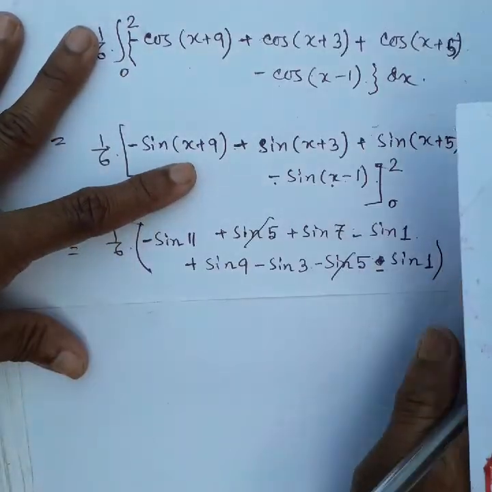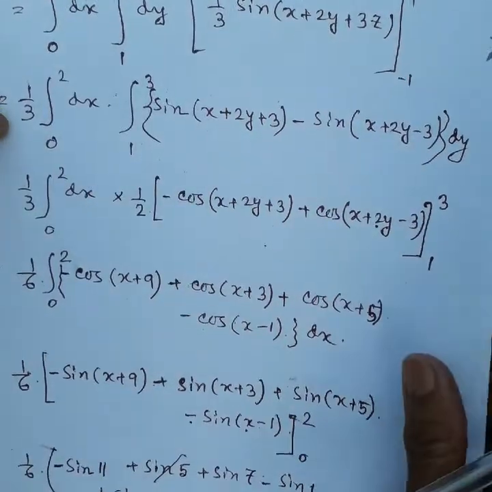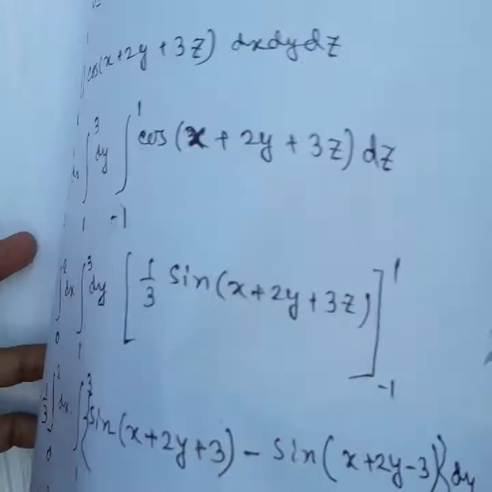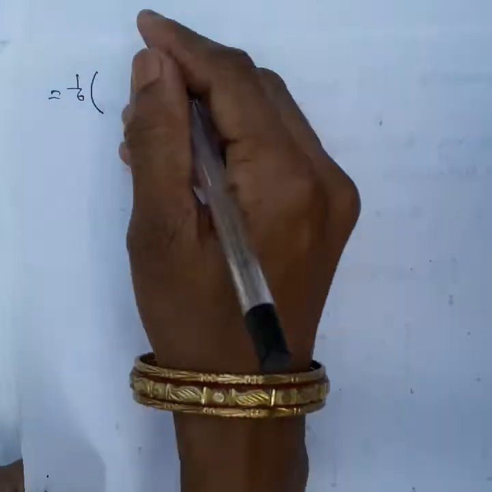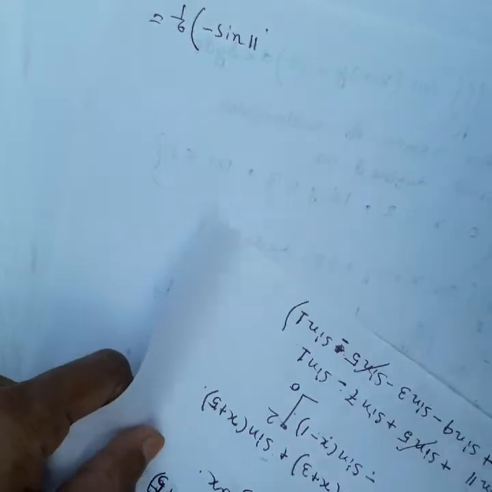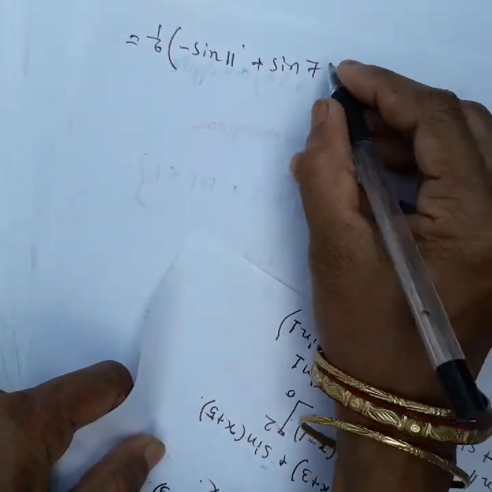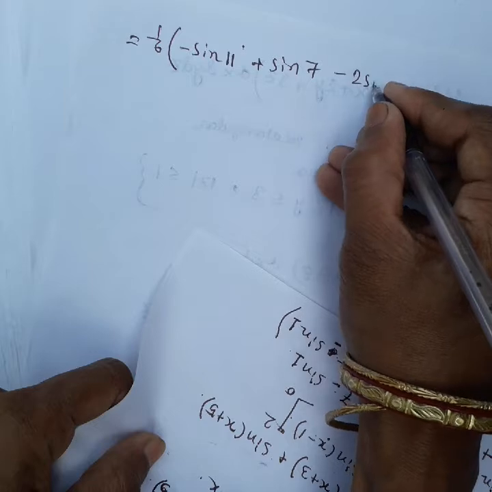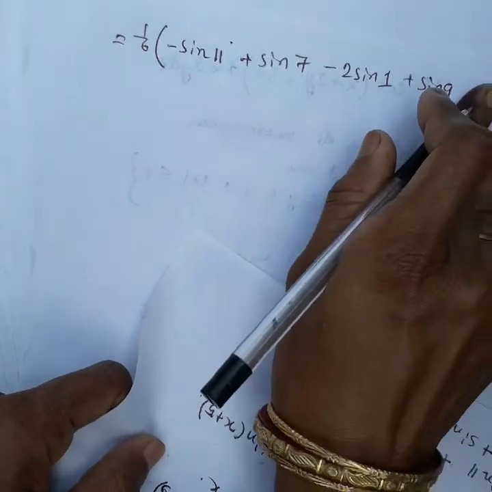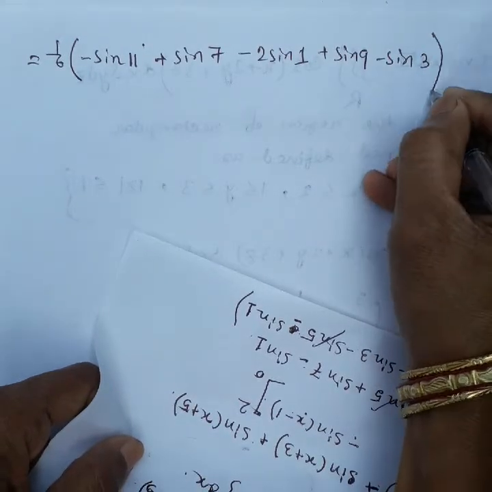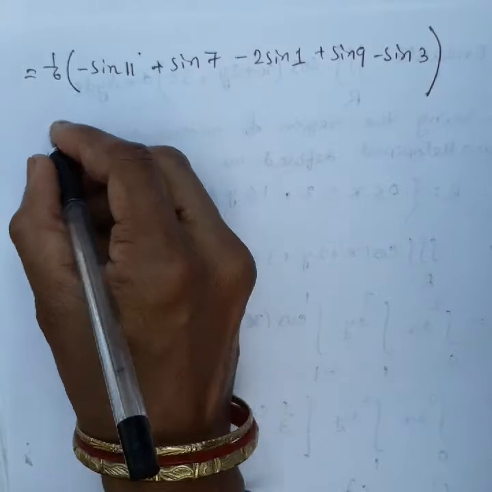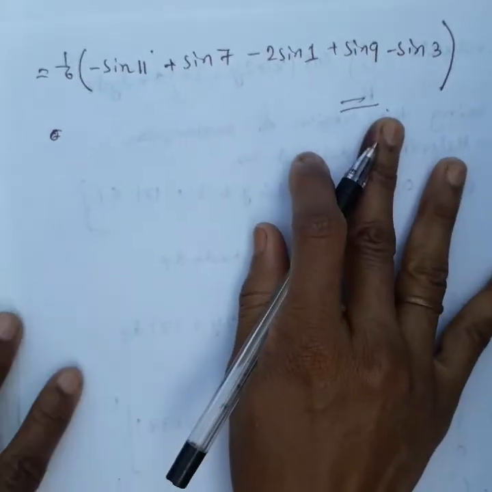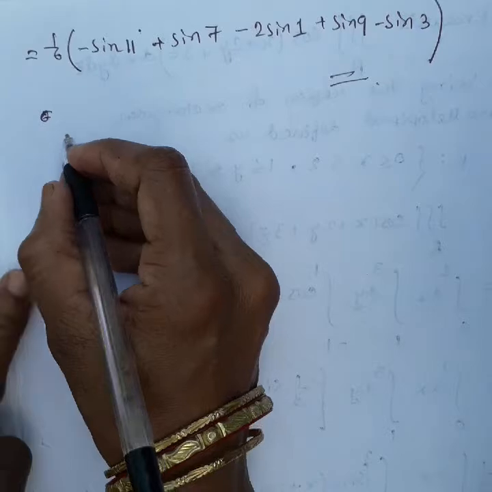So sine 5 is cancelled here, and we finally get 1/6 of minus sine 11 plus sine 7 minus 2 sine 1 plus sine 9 minus sine 3. This is our answer.